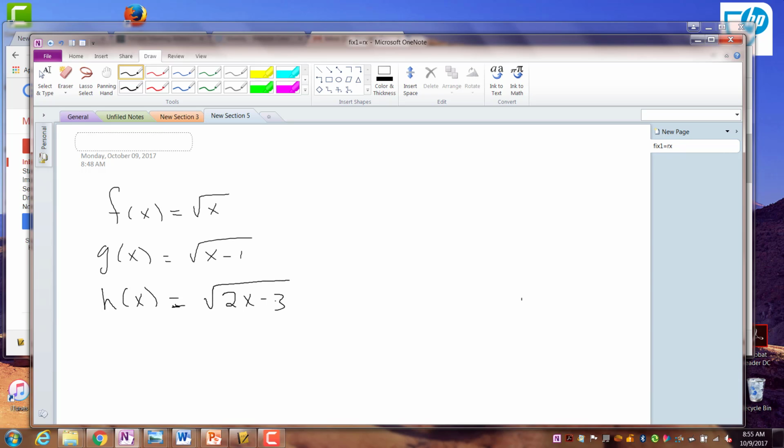I think some of you guys could probably do that right in your head right now and notice that the vertex is at, what was that, 3/2? Let's check it out. So I'm going to set this right here, 2x minus 3, equal to 0. Why am I doing that? So I know where its vertex is. x is equal to 3 halves.